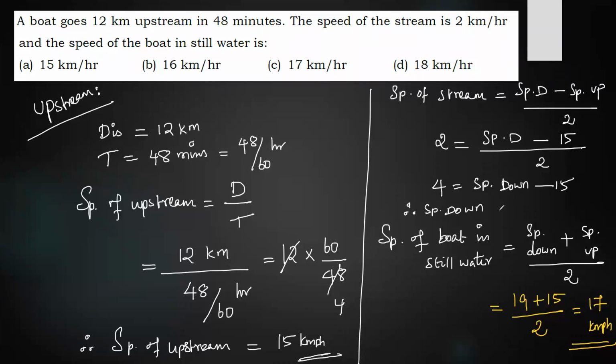The speed of stream is 2, given in the question. Speed of down is unknown, and speed of up is 15, which we have found. Cross multiply: you will get 4 equals speed of down minus 15. From this we can find that the speed of down equals 15 plus 4, 19 kilometers per hour. Is it clear?